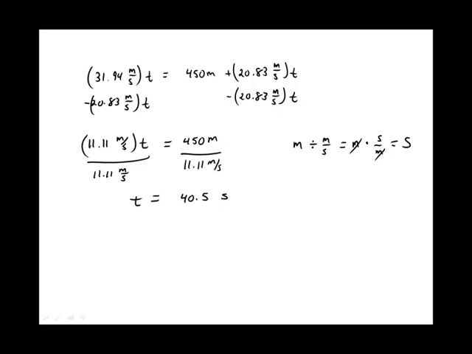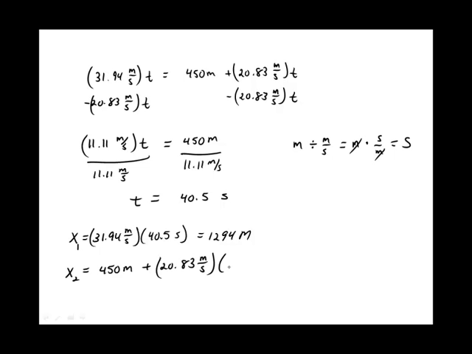Then the question is, where does that happen? So my position is 31.94 meters per second times 40.5 seconds, and that's at 1,294 meters. Where is the other car? So that's x1. Well, x2 is 450 meters plus 20.83 meters per second times 40.5 seconds.